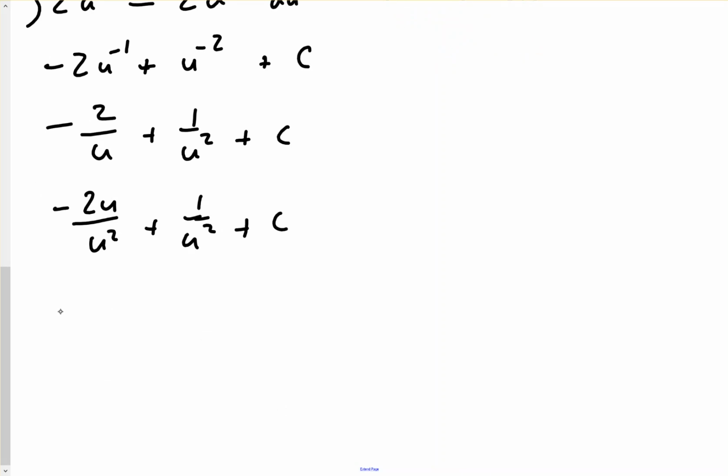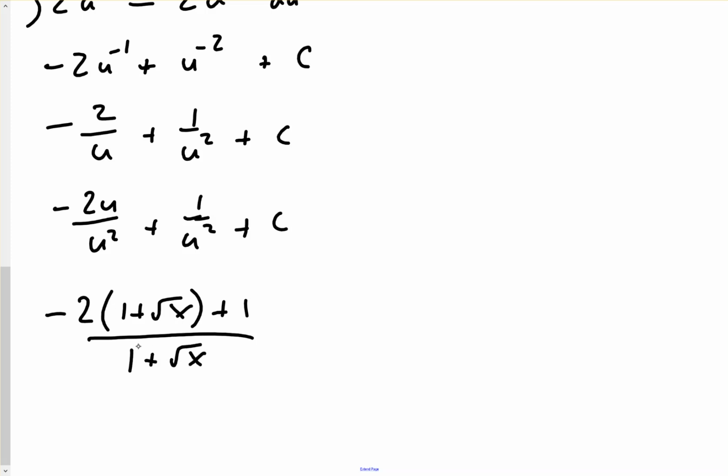So I have negative 2, 1 plus the square root of x plus 1 over 1 plus the square root of x squared plus c.